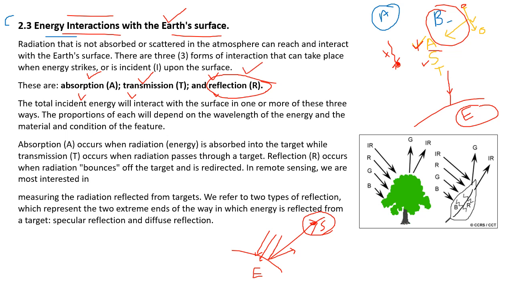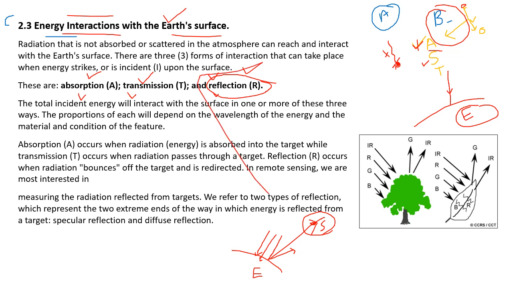This reflected energy helps us to differentiate, detect, discriminate, and analyze the satellite imageries. Absorption is also a kind of information.